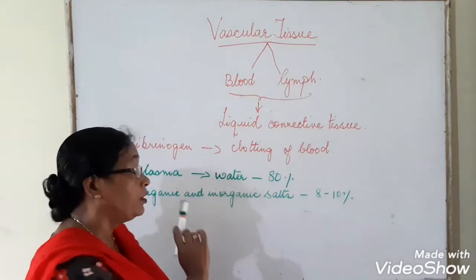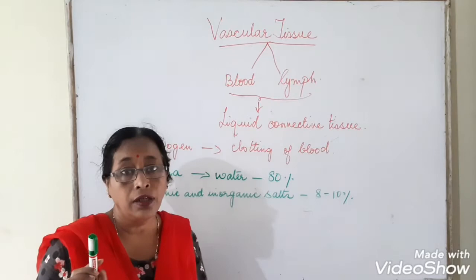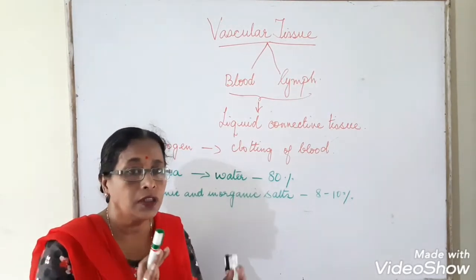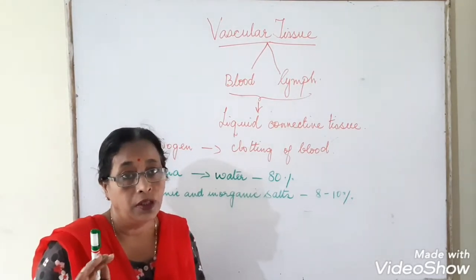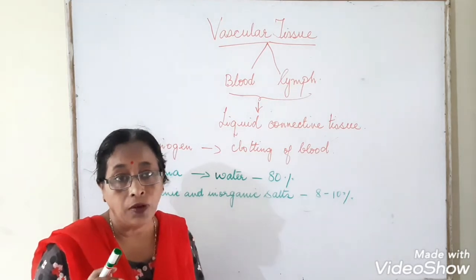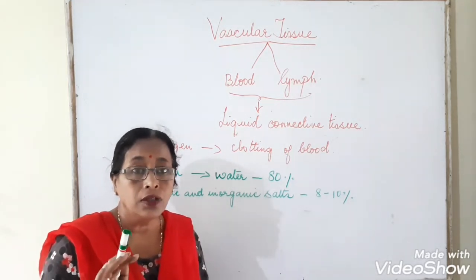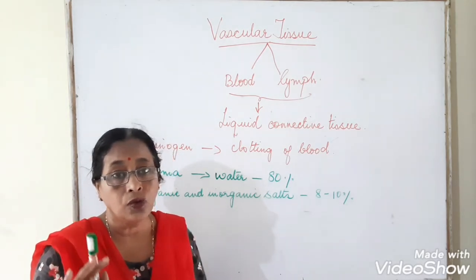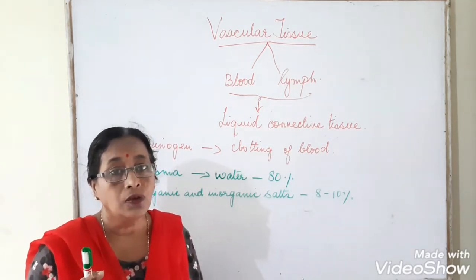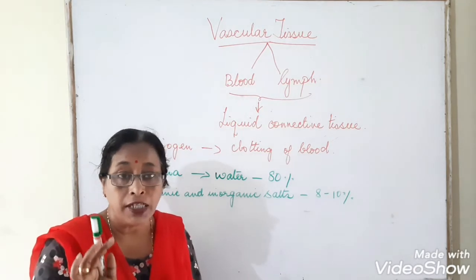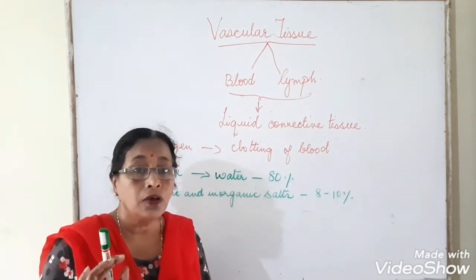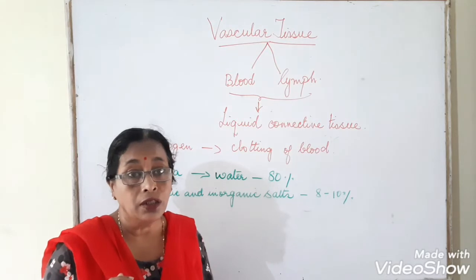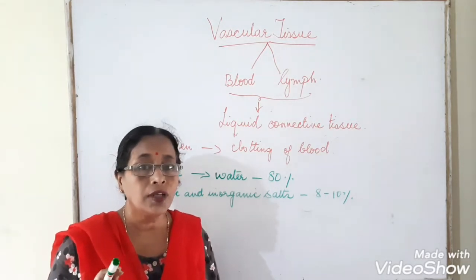Plasma also contains organic and inorganic salts, which is nearly 8 to 10%. It contains certain antibodies and inorganic salts, mainly sodium ions and chloride ions. Plasma is very important because it contains fibrinogen, which helps in the clotting of the blood.